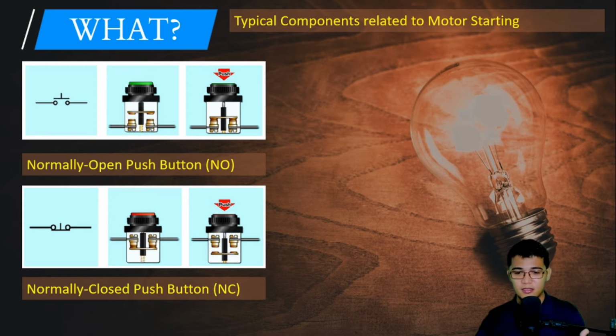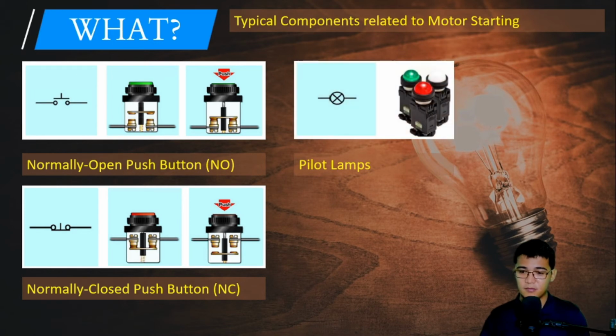Now the next motor starting component is what we call the pilot lamps. May mga iba't ibang kulay ito. So this will serve as an indicator whether our motor is running, whether our motor is nakastop, hindi umaandar, or whether there is a particular line voltage. Meron bang voltahe yung linya natin in order for our motor to start.